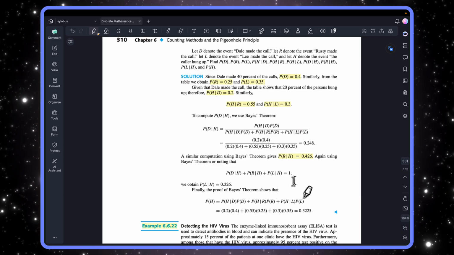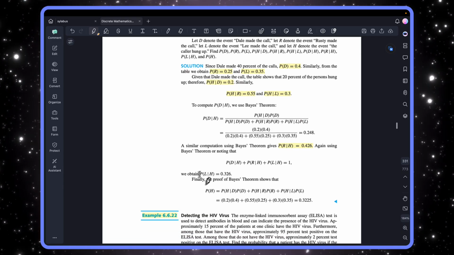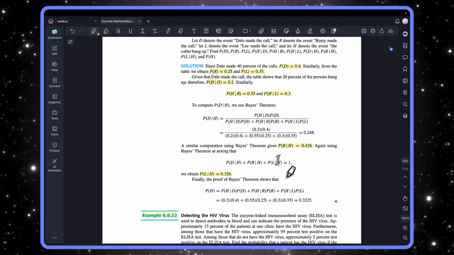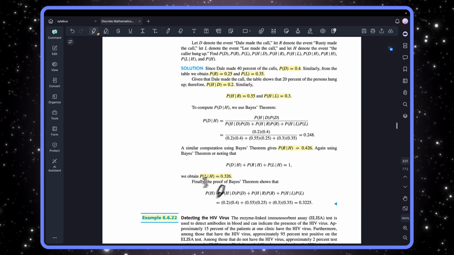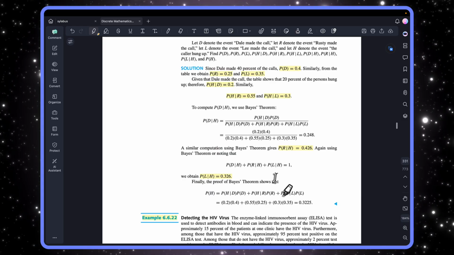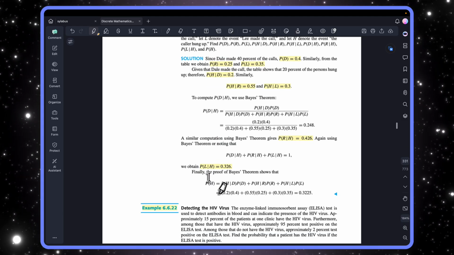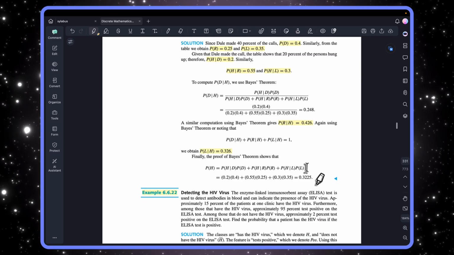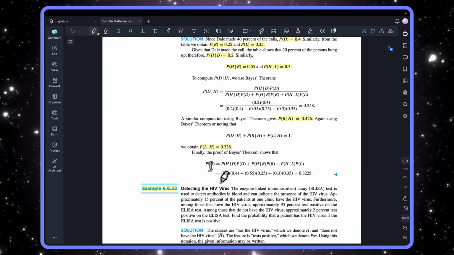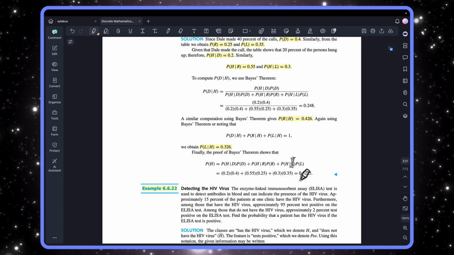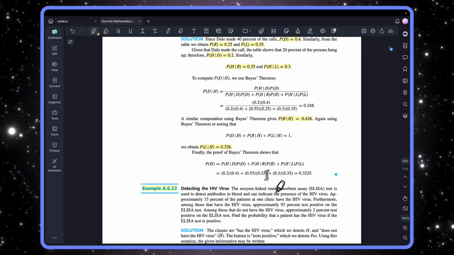So we can now use this equation and obtain the probability that Lee made the call given that they hung up. Finally, we can see that the probability that the person will hang up is, we just write it all down, 0.32.